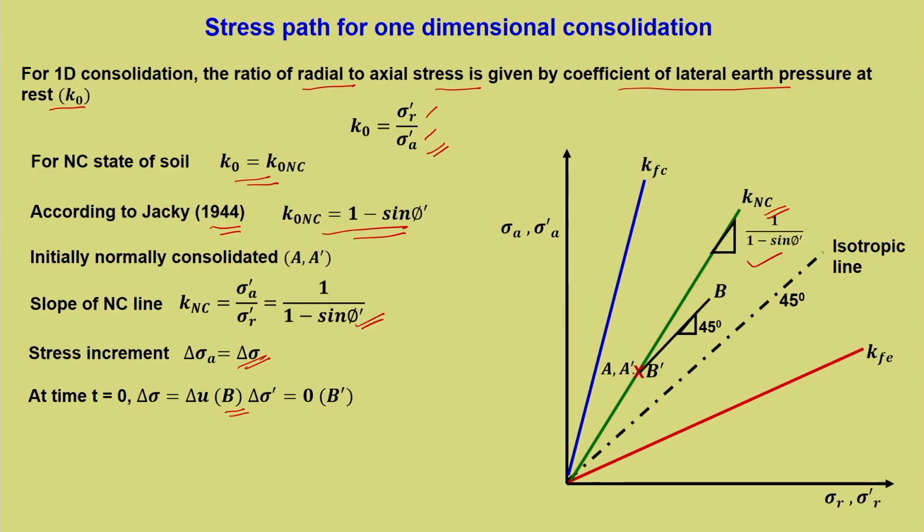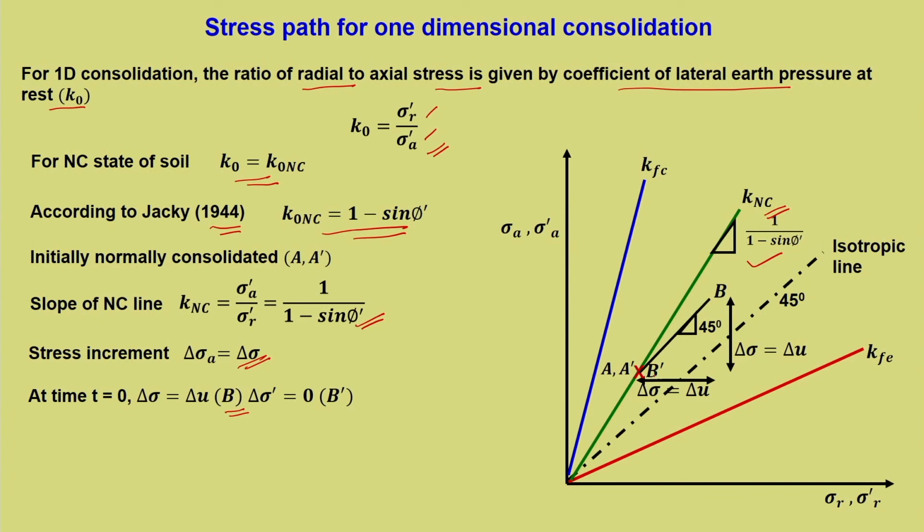Now, what would be the possibility of the point AB? Since it is hydrostatic, definitely the stress path should be parallel to the isotropic line, because that is the hydrostatic line. Hence, AB will be at 45 degrees, with whatever is the stress increment.